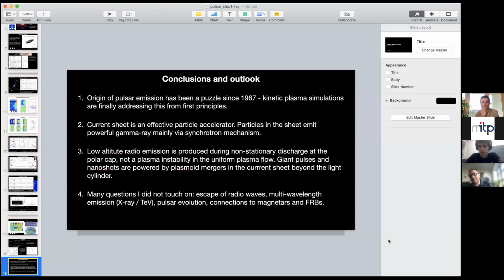Right. Using observations in this context is a bit hard because radio emission, unlike gamma rays, doesn't just propagate without taking care of the plasma. What we think happens is that, as the emission is still coupled to the plasma, its characteristics change.